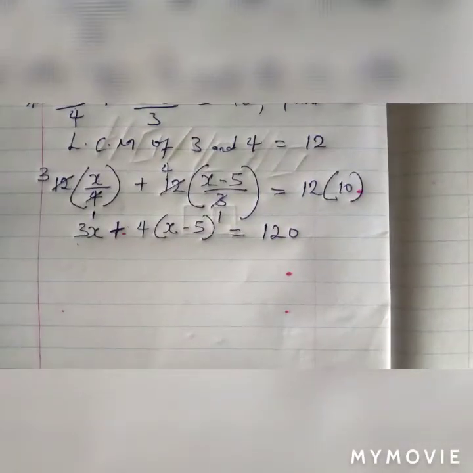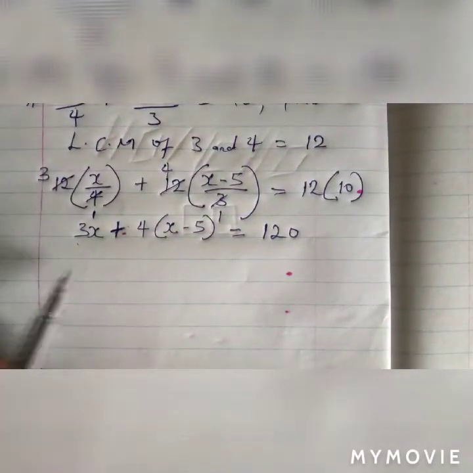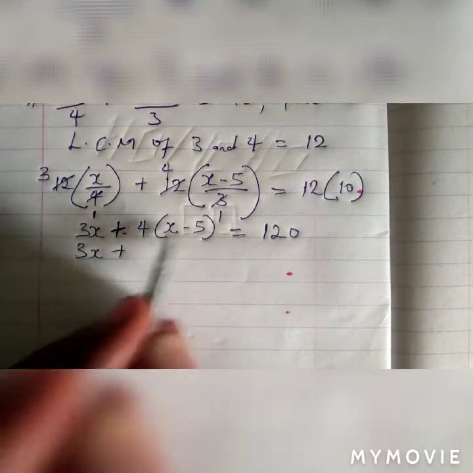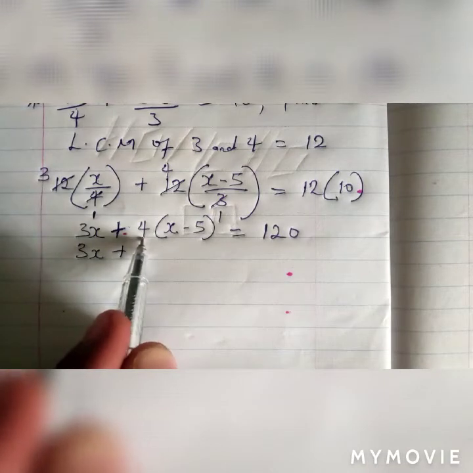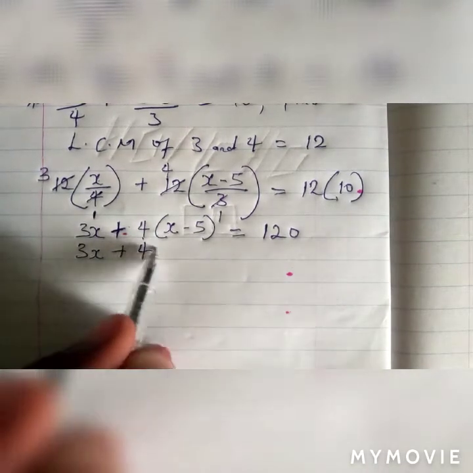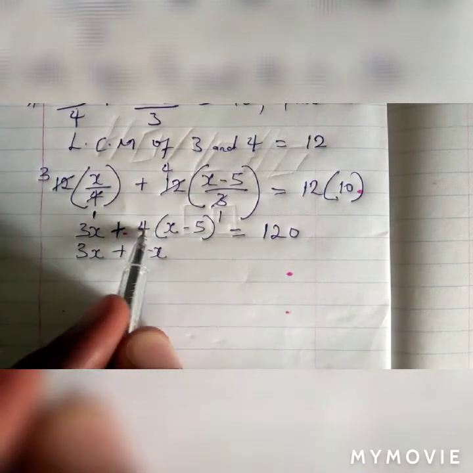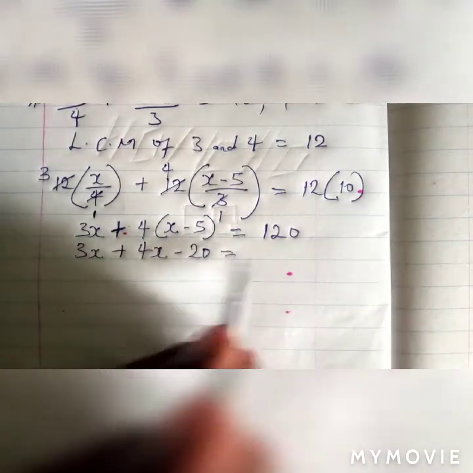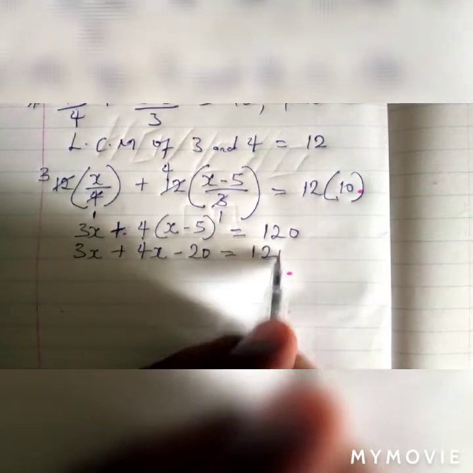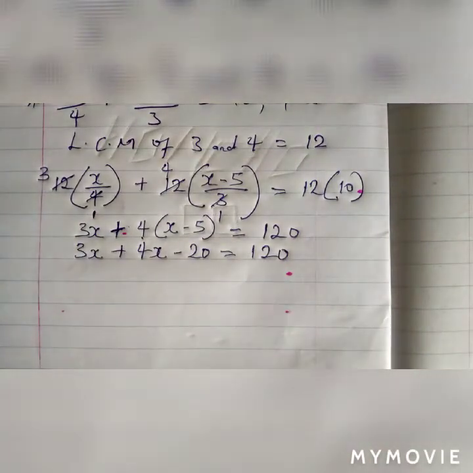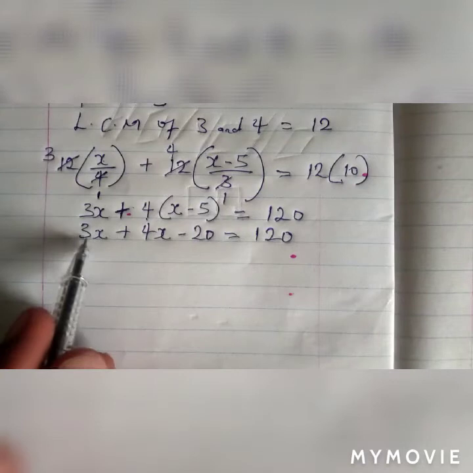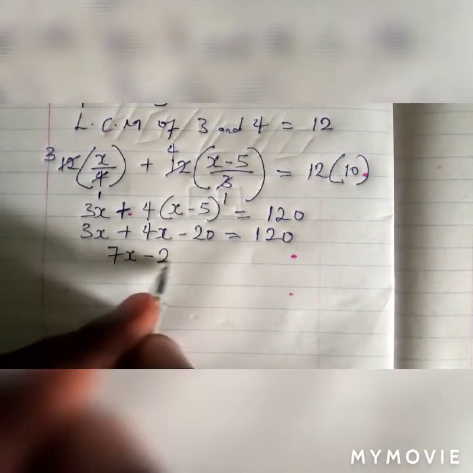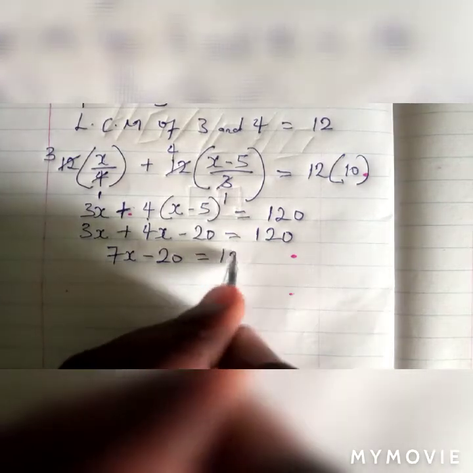We open up this bracket with the 4 outside: 4 times x gives us 4x, and 4 times negative 5 gives us negative 20, equals 120. Now 3x plus 4x gives us 7x minus 20 equals 120.